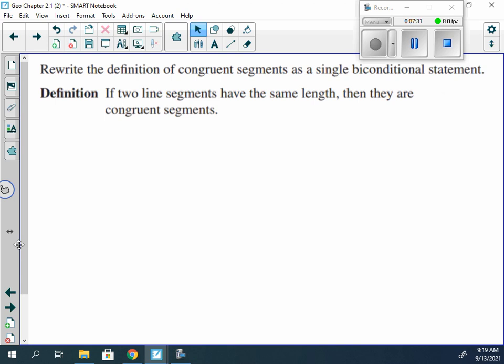Rewrite the definition as a biconditional statement. If two line segments have the same length, then they are congruent segments. So how can we do it?